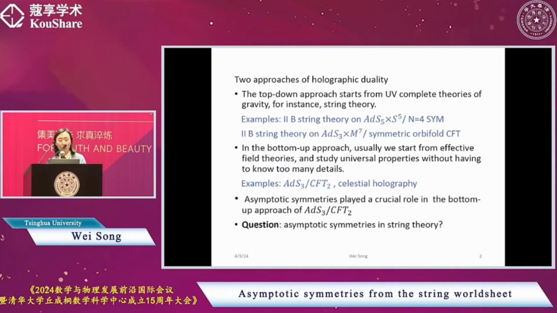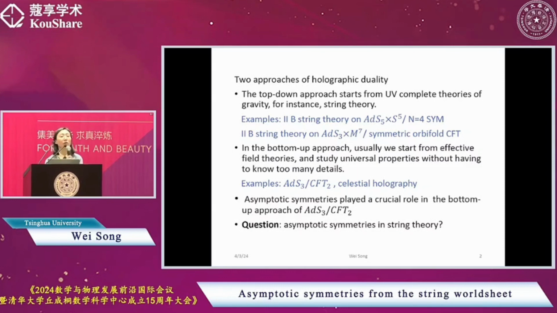The famous example, which is also the first example of holographic duality, is type IIB string theory on AdS5 times S5, and this is conjectured to be equivalent to a four-dimensional conformal field theory.